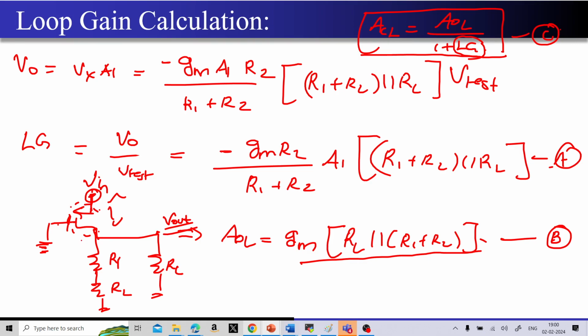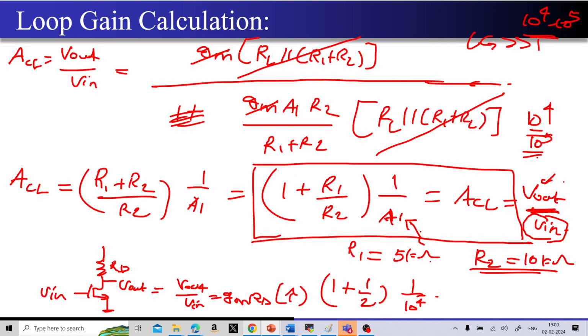So if we didn't have the negative feedback system, the ripples would have been amplified, but because we have the op amp and the negative feedback around it, the ripples are reduced by a factor of 10 to the power 4 or 10 to the power 5. I hope you appreciate the importance of negative feedback now.